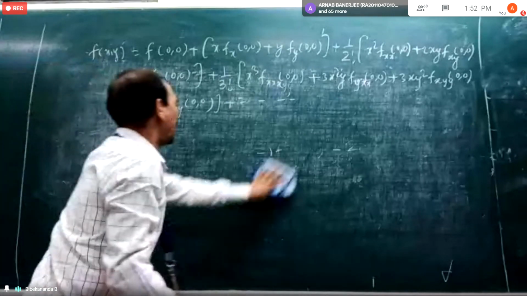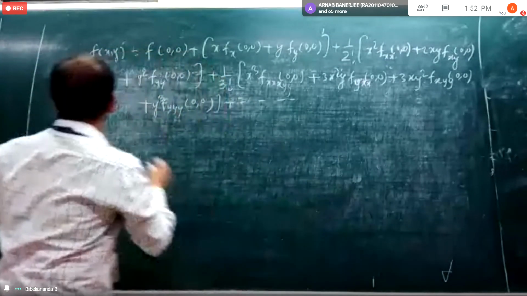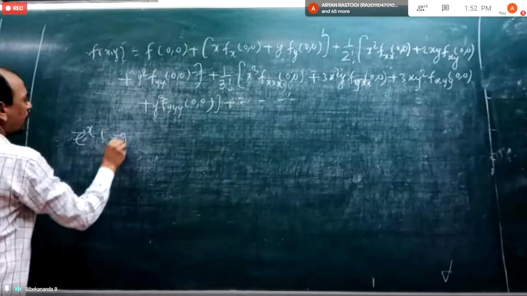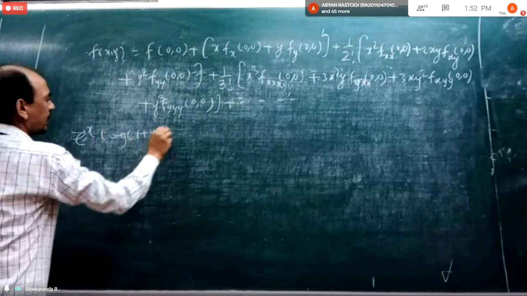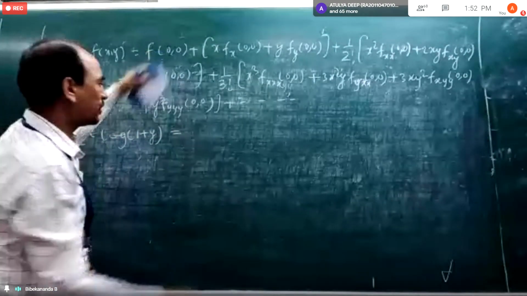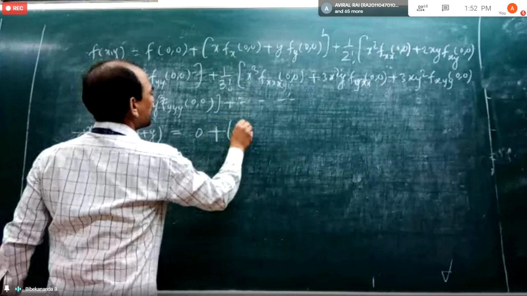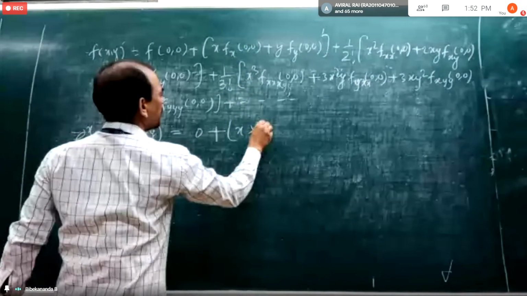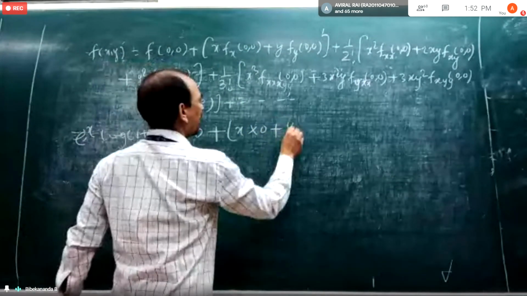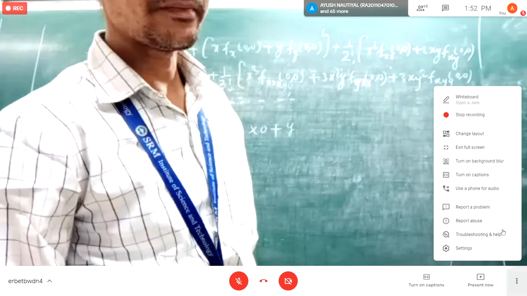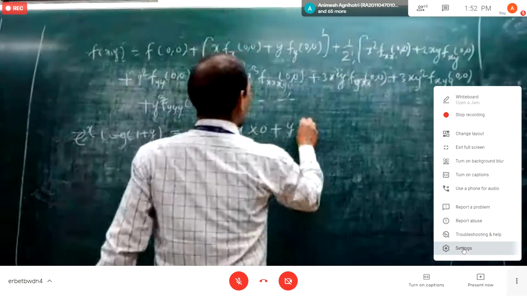Now you put the values, whatever values you have got. So f of x, y, that is e to the power x log of 1 plus y, is equal to f of 0, 0 which is 0, plus x into fx 0, 0 which is 0, plus y into fy 0, 0 which is 1, so y.